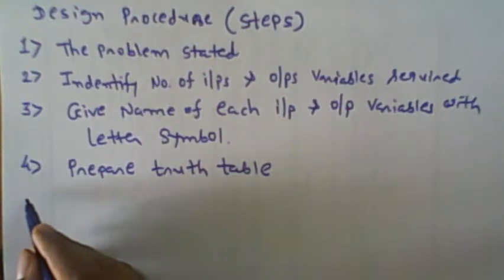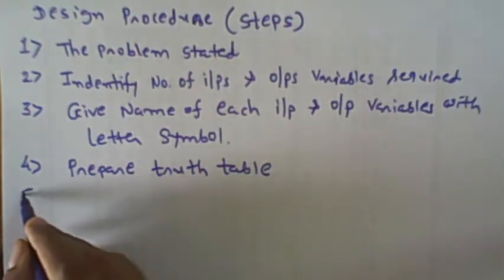If there are three input variables, then the possible combinations are 8. For each combination we write the desired output. That is the truth table.